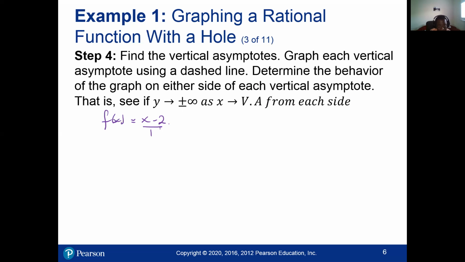The denominator is 1. So the function has no vertical asymptote. In fact, the equation is a line. All right.